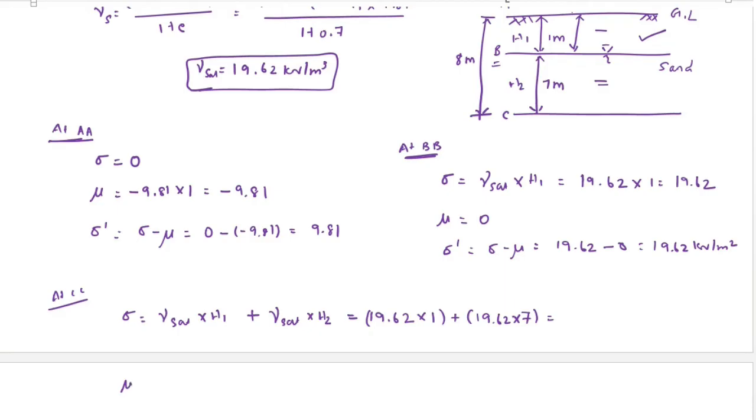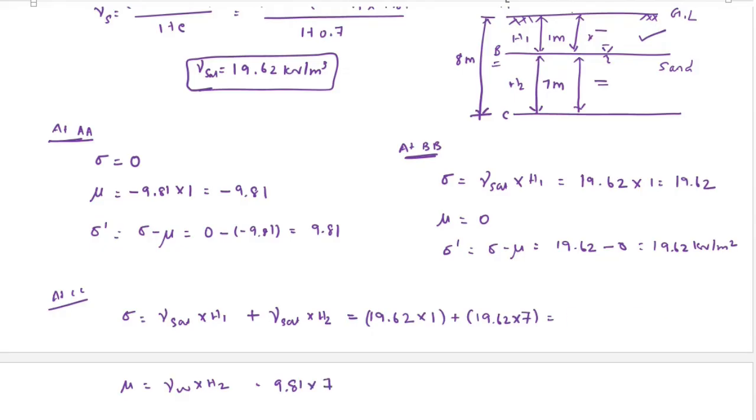Now the mu value, mu is equal to gamma W into H2. Only the water table depth is H2. Here there is only the capillary rise over here, so we don't consider the capillary rise. So gamma W is equal to 9.81 into 7.